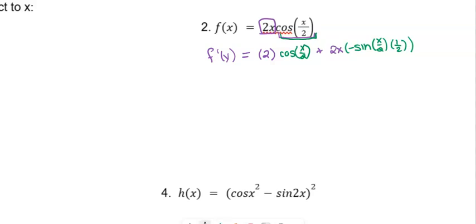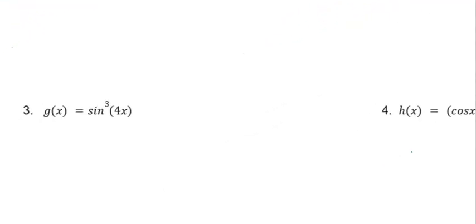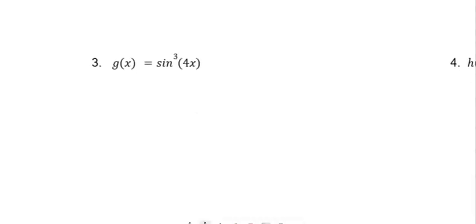Now I'm going to clean this up. Oh, sorry, I should have a negative sign there because I got a negative there. This 2 and this 2 will cancel. Okay. I'm also going to look to see if I can use any trig rules or factoring to clean that answer up further. I can't in this case.